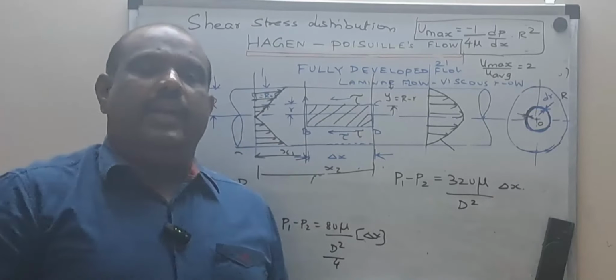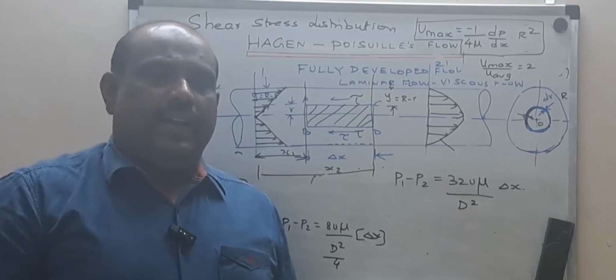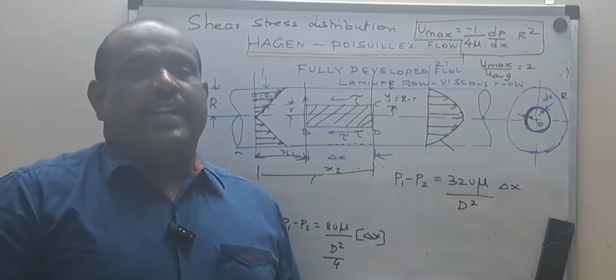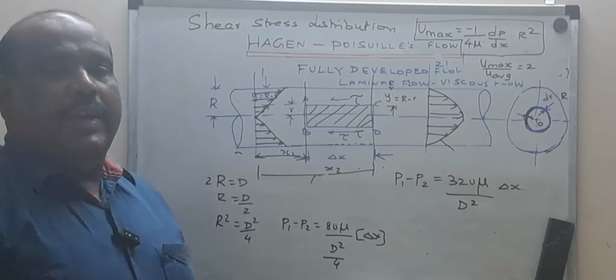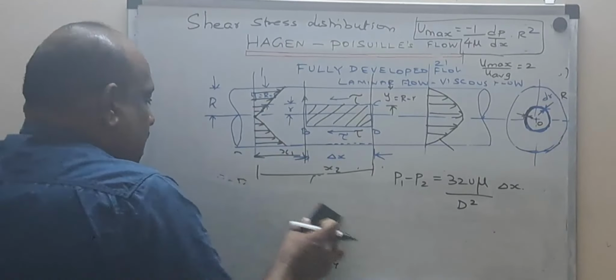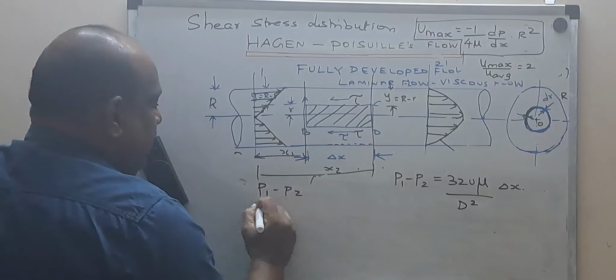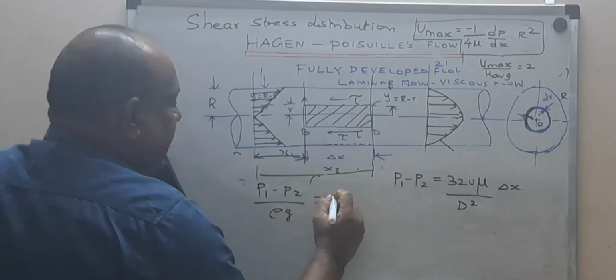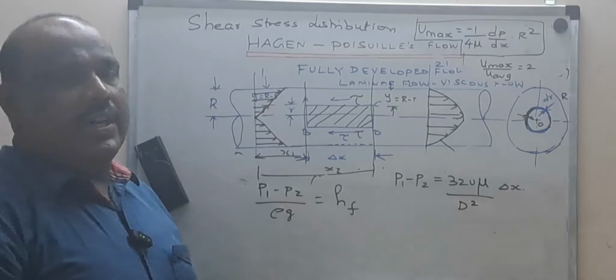Generally, we are not only intended to find delta P, but also the pressure head, that is P1 minus P2 by rho g. So I want to divide both sides by rho g, because already we know by Reynolds equation that P1 minus P2 by rho g will be equal to the head loss, HF, head loss due to friction and other effects.